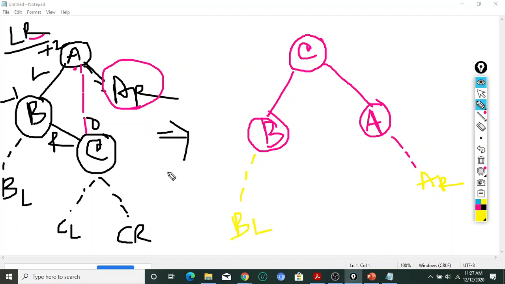Now what about C? CL is the left child of C, so CL will be placed on the left side. And CR is the right child, so I will place it in the right position of C. That is the right child. Understood? Very easy.